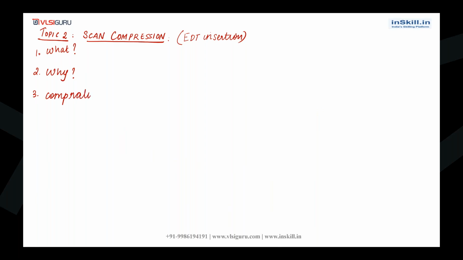We'll try to understand what this compression ratio is, and what the merits and demerits of high and low compression ratio are.